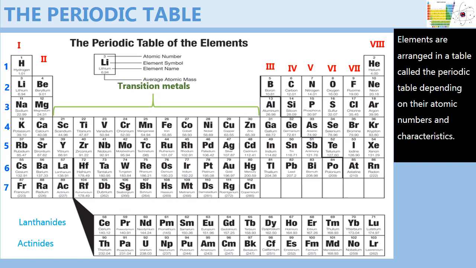I have also noted that the elements are arranged according to their characteristics. Now the elements that are within this line, you see it is bold, but as I continue to highlight, all the elements to this side are known as non-metals, while all the other elements to this side are metals.